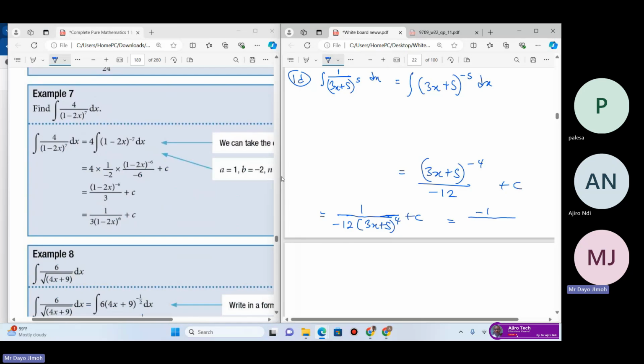Minus 1 over 12 into (3x plus 5) to the power 4 plus C. Better, right? Just take the negative up. Assuming this one had a negative also, then it will be plus. Because that one up is negative, this one is positive, then this becomes minus. Okay. So the answer will be left in this form. So now, this is the end of the class.